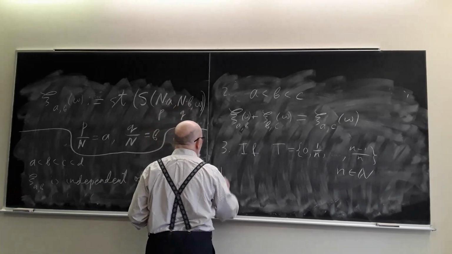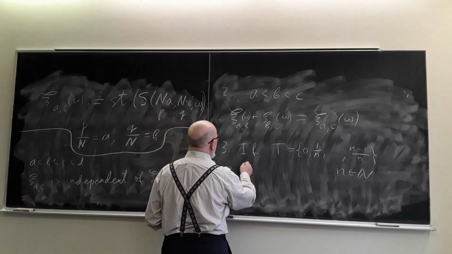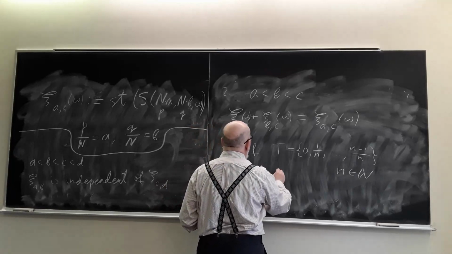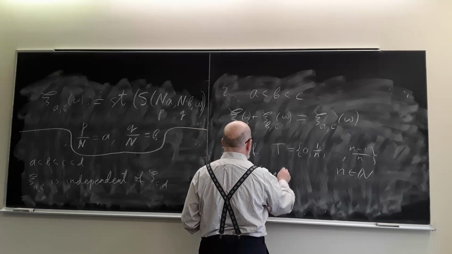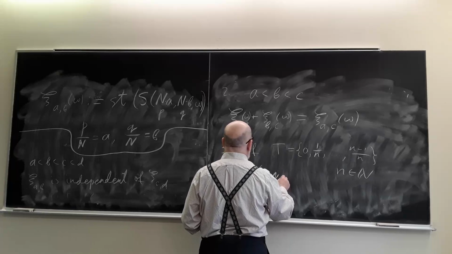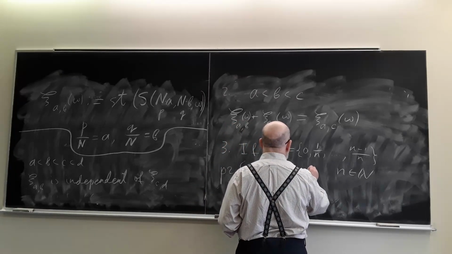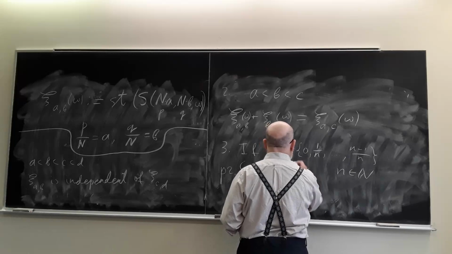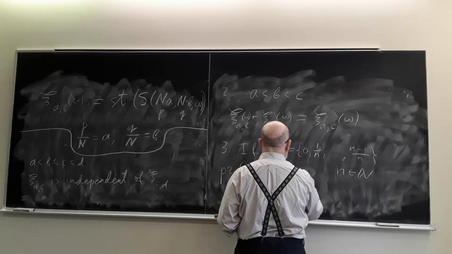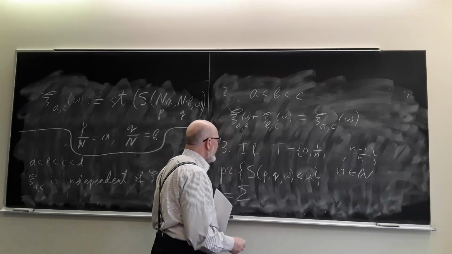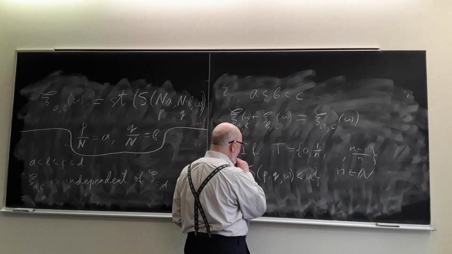So the probability that S, omega, is less than u is equal to a sum.